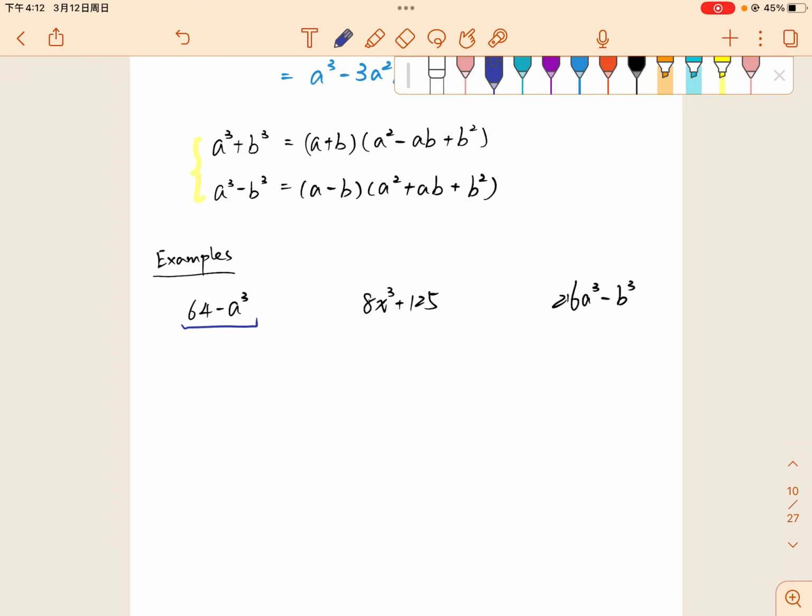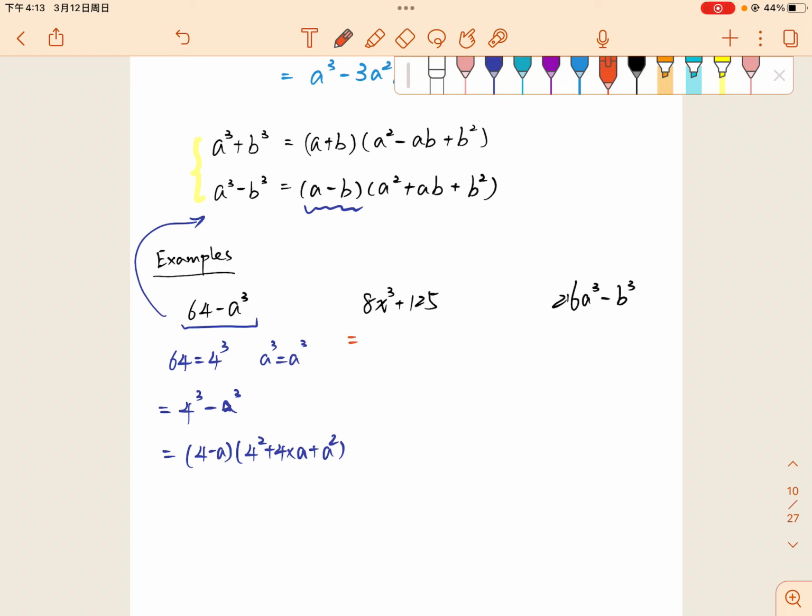You can directly apply this formula. 64 is equal to 4 to the power of 3, and a to the power of 3 is just a cubed. So we write 4 cubed minus a cubed, which gives you (4 minus a), because you have a minus b here, times (4 squared plus 4 times a plus a squared). That's your first question. And we follow the same process for the second one.